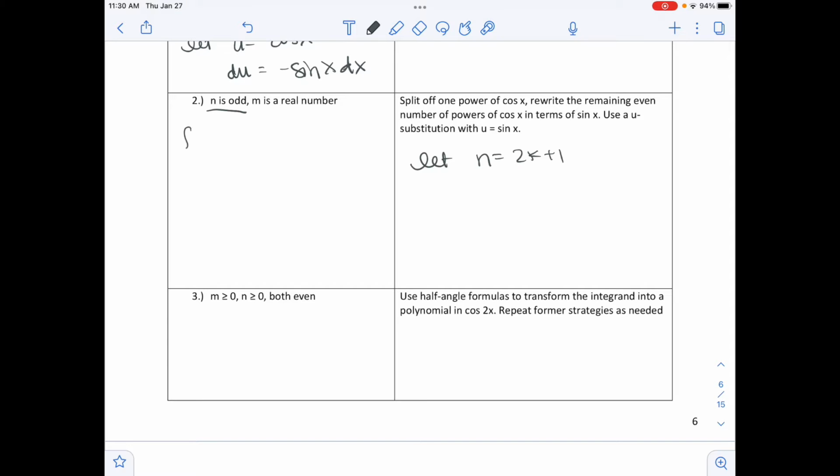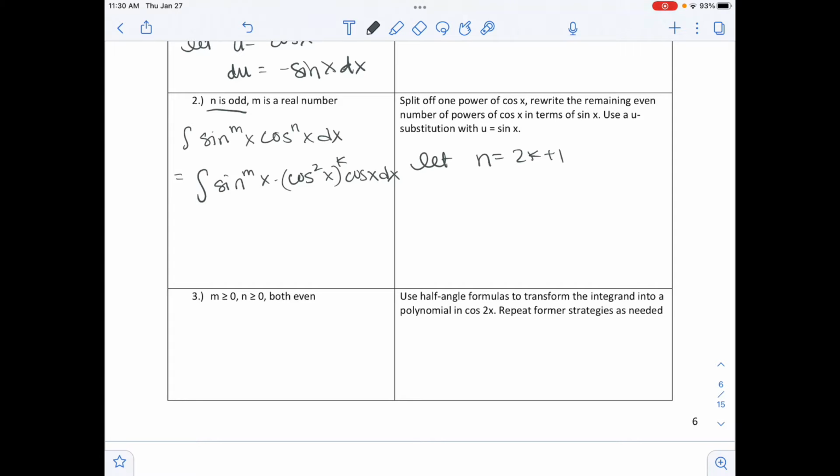And so this time we would have the integral of sine m x cosine n x dx, and this time it's cosine that we're dealing with that is odd, so my sines are going to stay the same, so sine m of x times cosine squared x to the kth power times cosine of x dx, which again, using those exponential rules, you would have 2k plus 1, which is equal to n as we defined it.